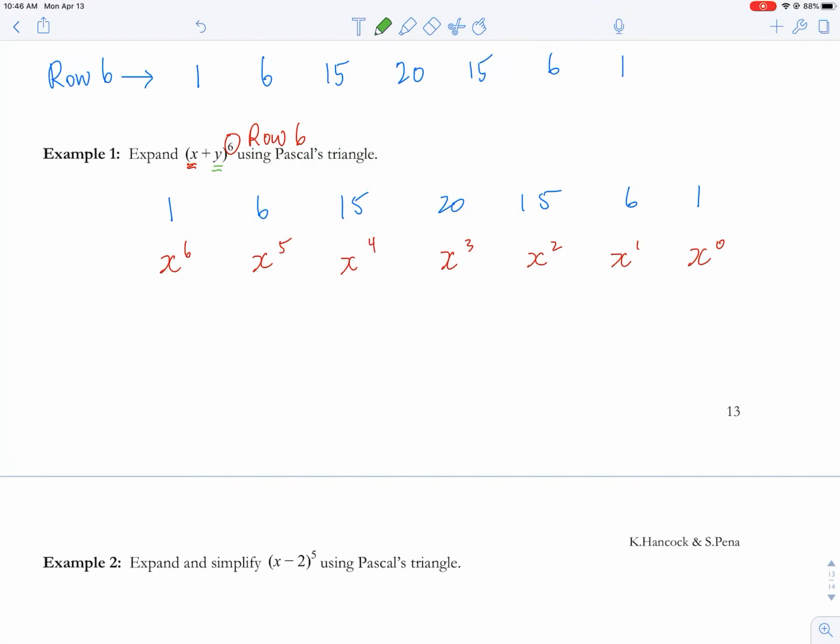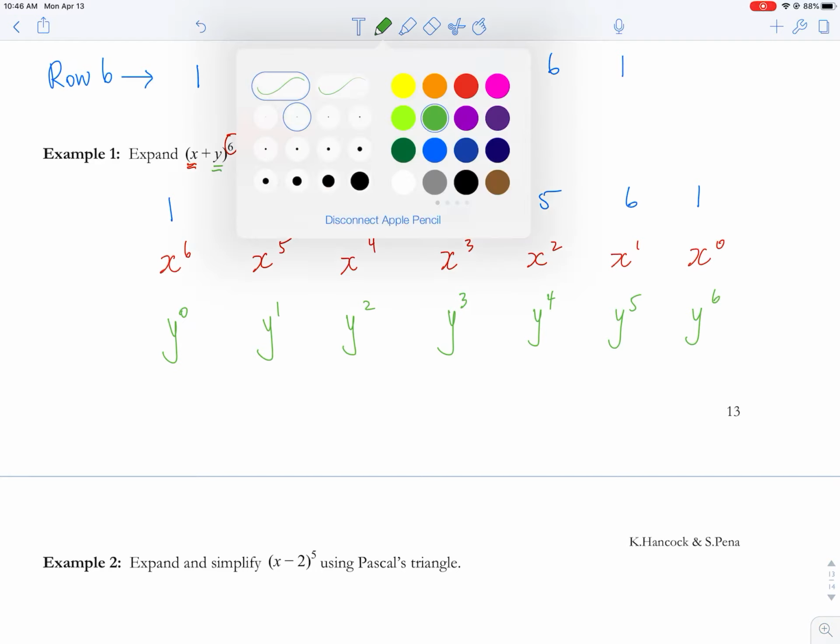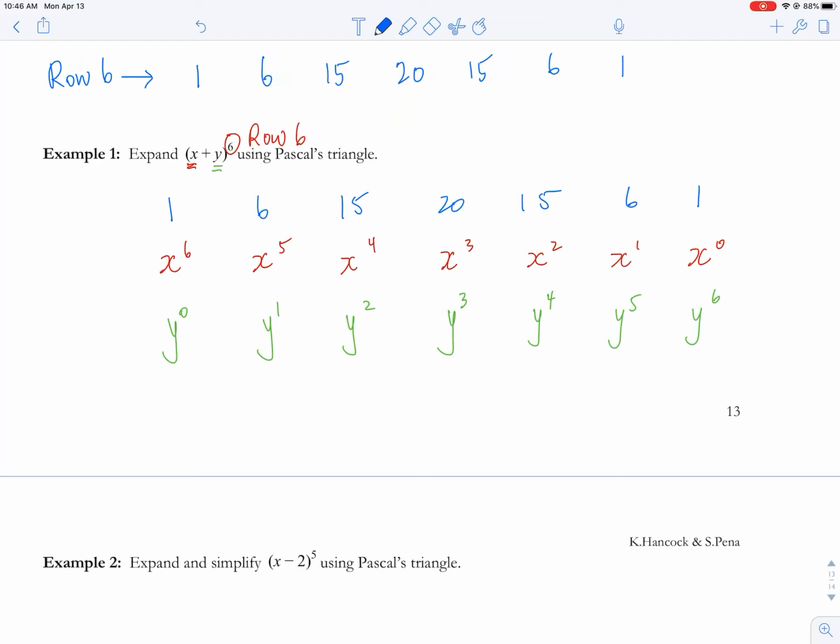So the second term is y. I'm going to start at the far end, and that's going to be y to the 6. Y to the 5, y to the 4, y to the 3, y to the 2, y to the 1, y to the 0.